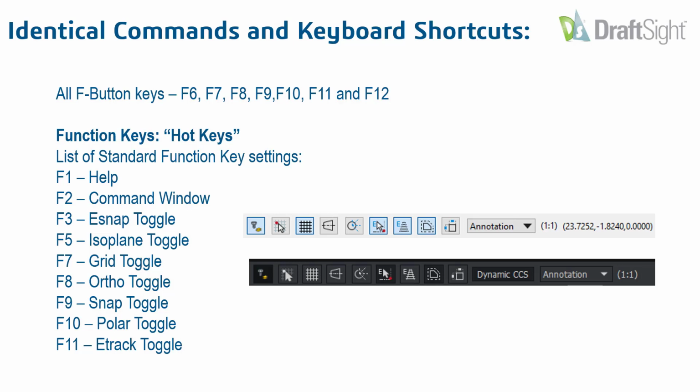And also you have buttons at the bottom of your user interface where you can turn on ortho and turn off snap and whatever grid that you want to turn off down on the bottom as well. And also you'll see that you have 2 different colors here because now in 2022 DraftSight has a dark mode that is available for the user interface. So I can keep it gray as the traditional menus or user interface, or I can turn it to the dark mode that you see there.